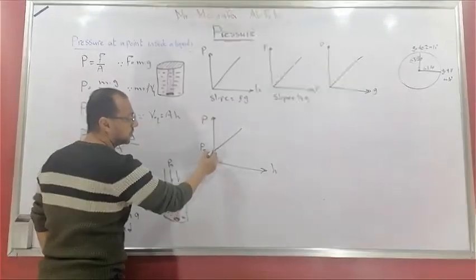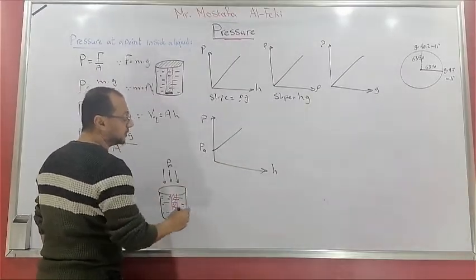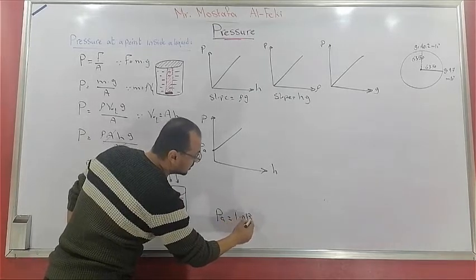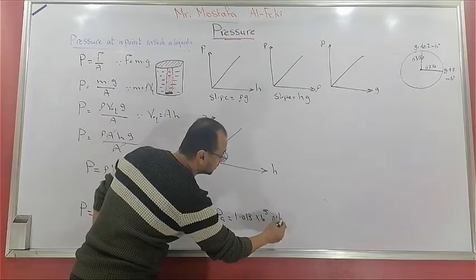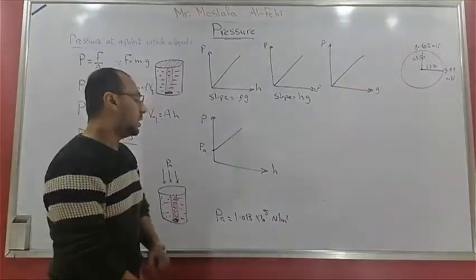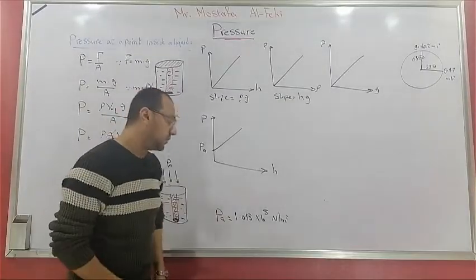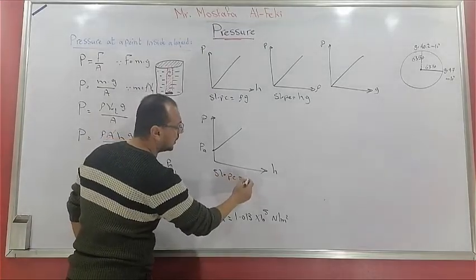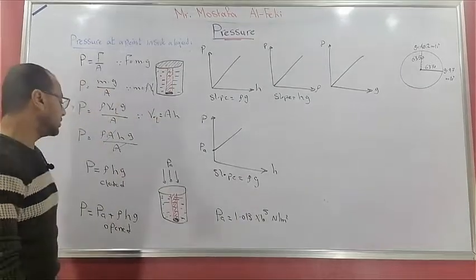Then the point of intersection of the straight line with the y-axis is the atmospheric pressure, and the atmospheric pressure equals 1.013 times 10 to the power of 5 Newton per meter squared, or joule per cubic meter, or kilogram per meter second squared, or Pascal. All the units are equivalent to each other. And the slope also equals rho g.